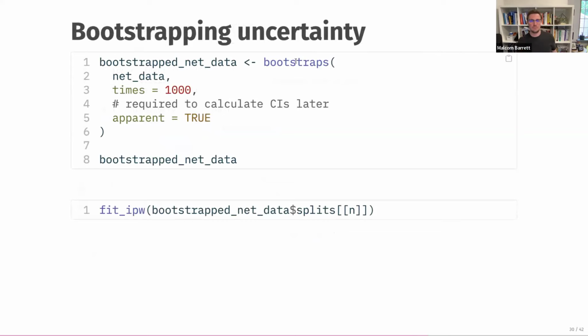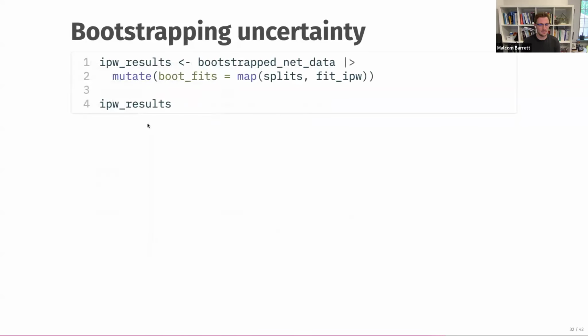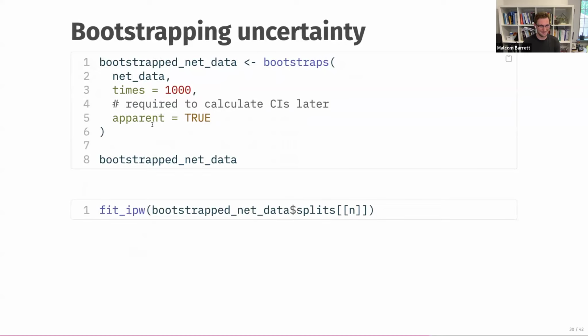So for the rsample package, they've got this great function, bootstraps, which will create 1,000 copies of your data set and put it in a list. And then we can apply those copies of the data to the function that we just wrote. So for instance, if we take the first instance and use the function fit IPW that we just wrote on the first item of this list, the result that we get back is not there for some reason.